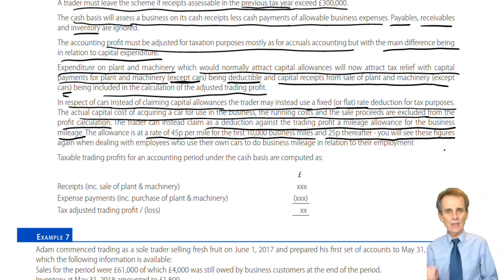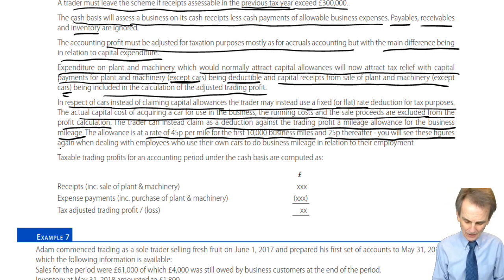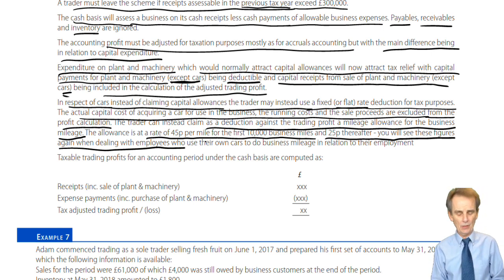Now, in fact, these figures are given to you on your rates and allowances pages, not in the context of the cash basis, but these figures are again used when, in Chapter 9, we deal with employment income.